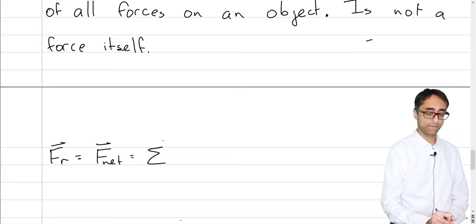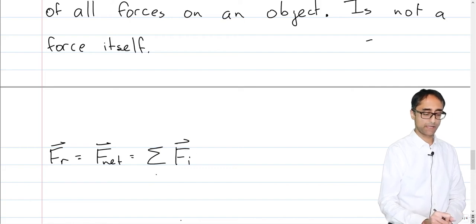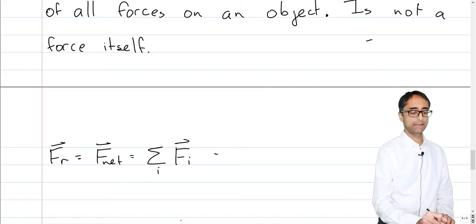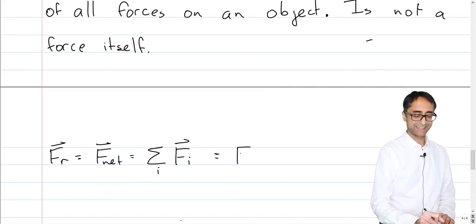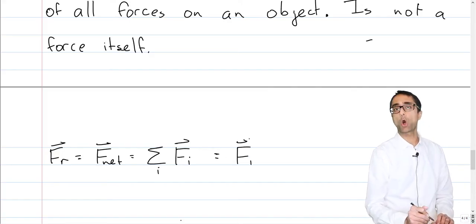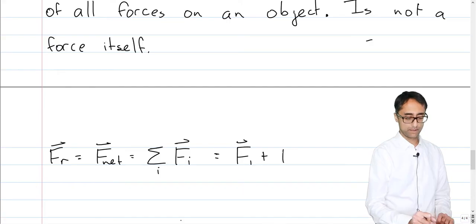So that is the sum sign right there, force, and perhaps we have an I number of them, so we can add them all up. And if we do that, it's essentially like adding up each individual force on our object. F1 plus F2 plus F3 all the way to our final force.